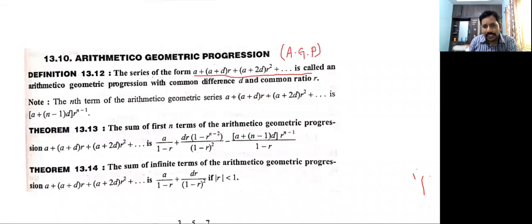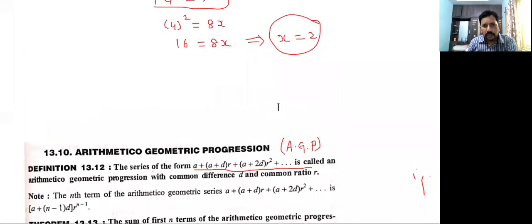This series is called arithmetic geometric progression. What is A? A is the first term, D is the common difference, and R is the common ratio.